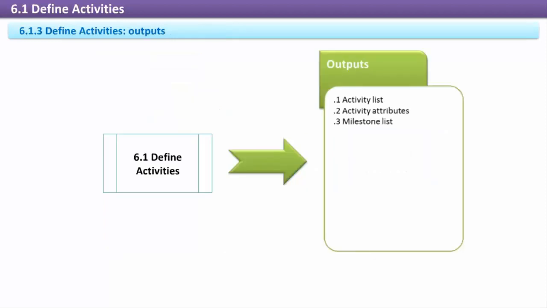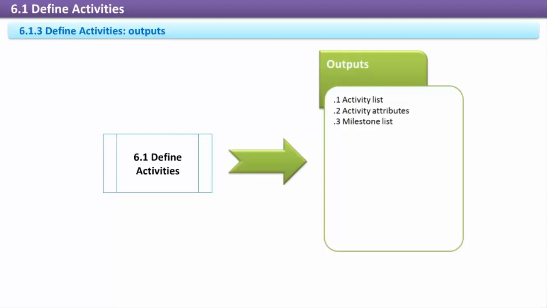Define activities. Outputs. Activity list. The activity list is the complete list of project activities that are needed to produce the work packages. Activities are decomposed from the WBS work packages. The activity list is a component of the project management plan.